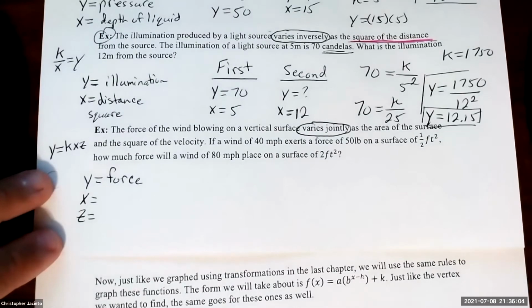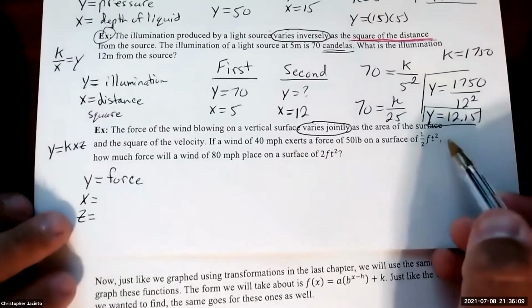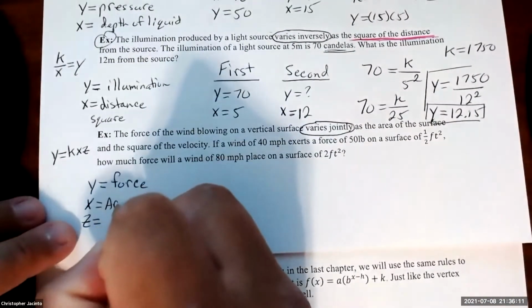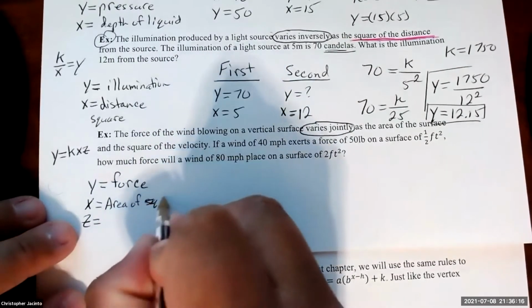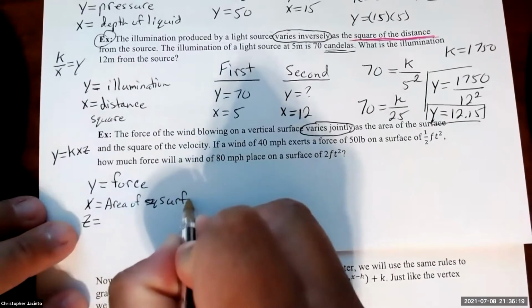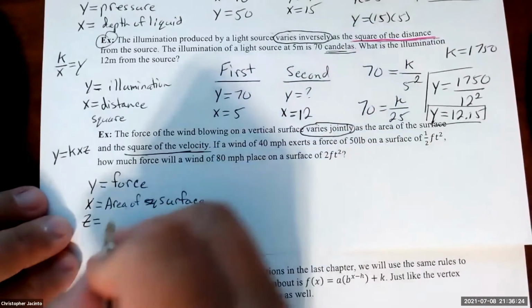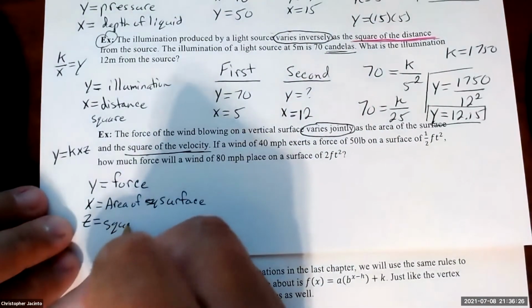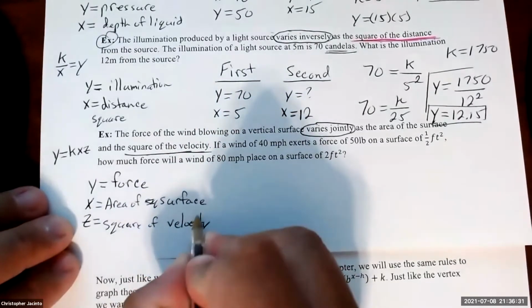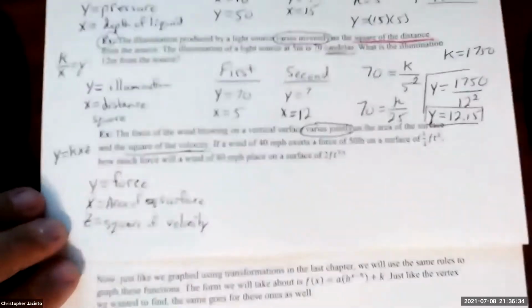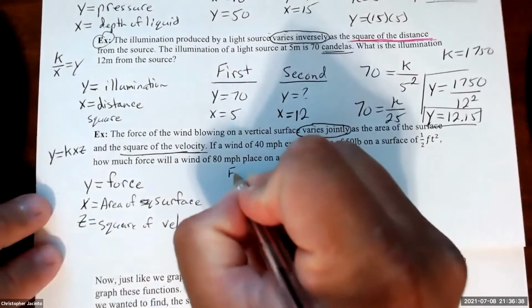X is the area of the surface. And the square of the velocity. Okay. So now that we have that situation, let's actually write our first one down.